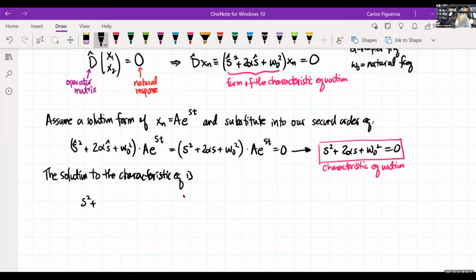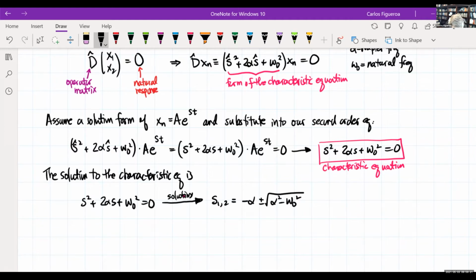There's a reason why we want it in this form, right? This tells us then that the solutions are then going to be something like this. S1,2 is then going to be minus alpha plus or minus the square root of alpha squared minus omega naught squared.